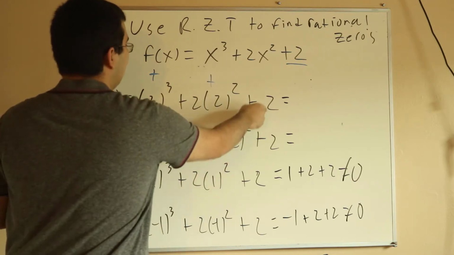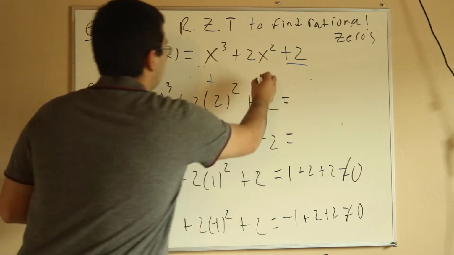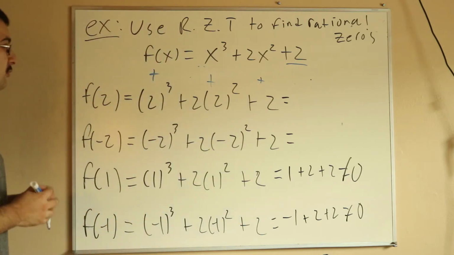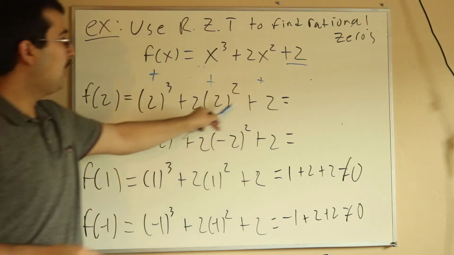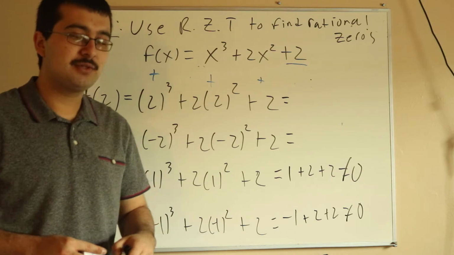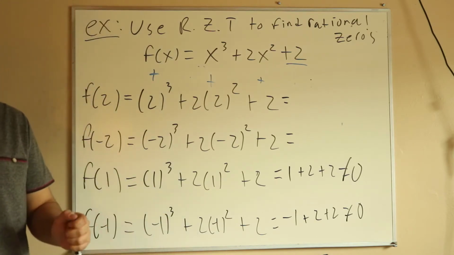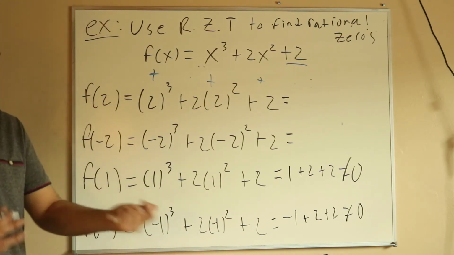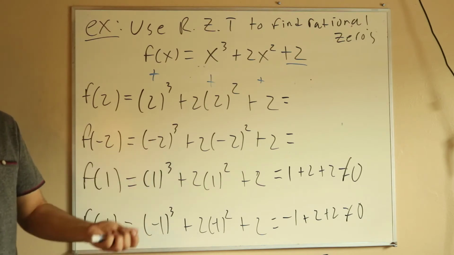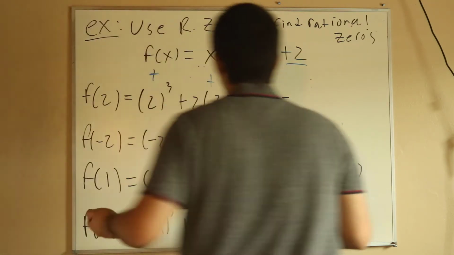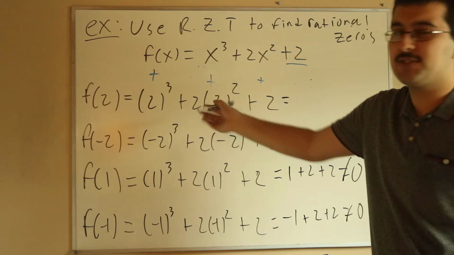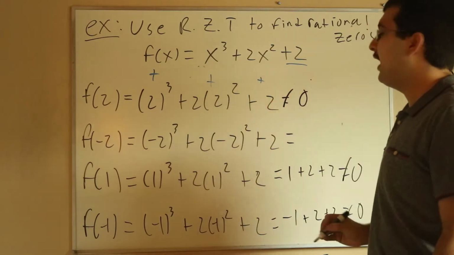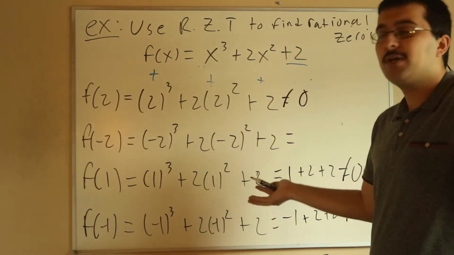I'm going to be adding another 2 to that. That's another positive number. So in essence, I'm going to be adding 3 positive numbers. Will adding 3 positive numbers ever give me an end result of 0? No, it's impossible. So I already know right off the bat, I don't even need to calculate what this number is. I simply understand this is not 0, and that's all we care about.